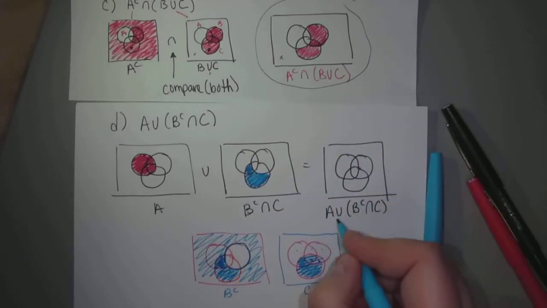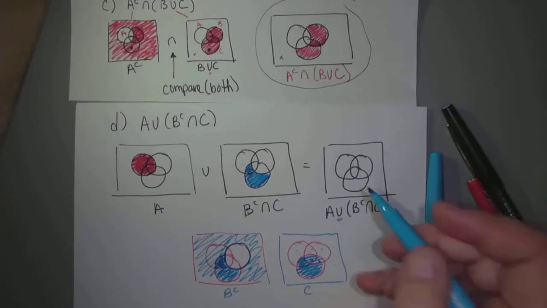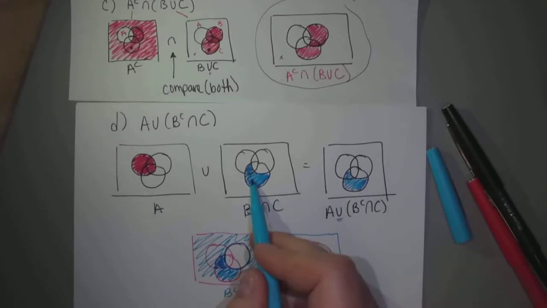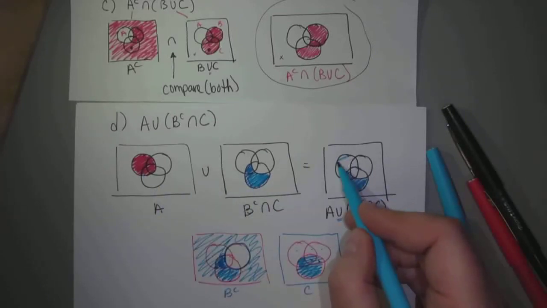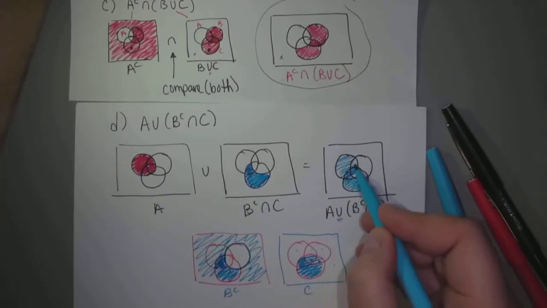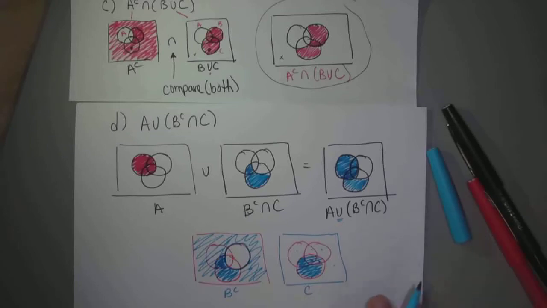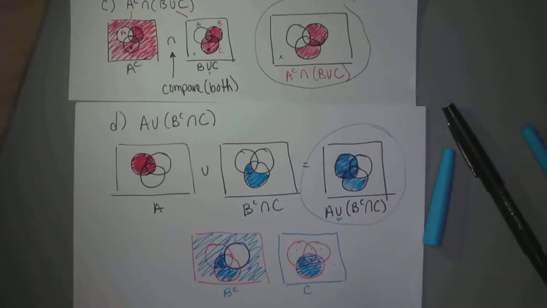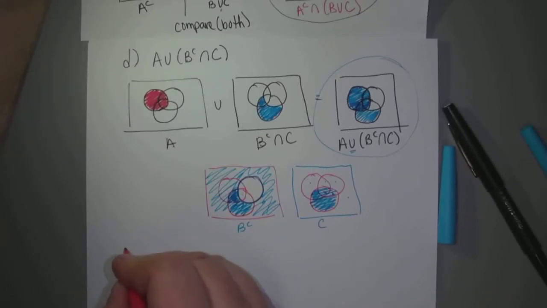And now we want to union those together, which just means add them on top of each other. So this one and that one, all of A, all together. So this would be your final. Okay, so I'm going to give you one to try.